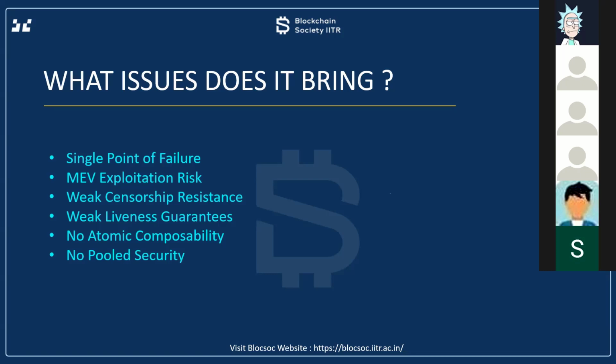What benefits do centralized sequencers bring? Centralized sequencers have a lot of compute power, which in itself brings a high throughput advantage. So a lot of transactions can go through.